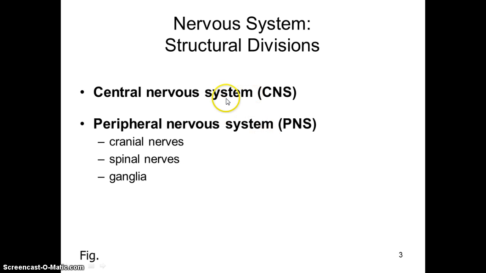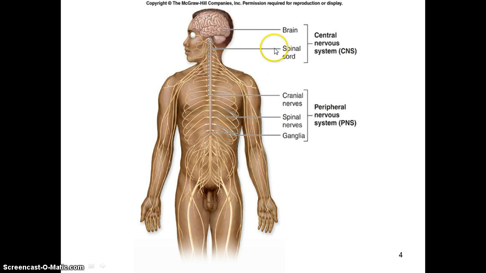The physical separation of components of the nervous system is divided between the central nervous system and the peripheral nervous system. And as you know, the central nervous system consists of structures found in the axial region, such as the brain and spinal cord. Everything outside of that central nervous system region is part of the peripheral nervous system.